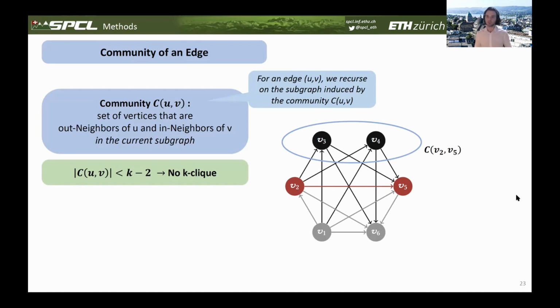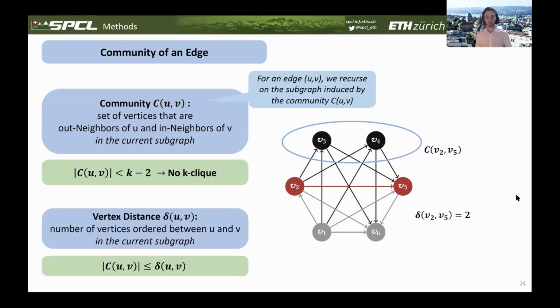However, computing this pruning rule would be too expensive. This is why we consider an upper bound on the size of the community, which is the number of vertices which are ordered between the two endpoints in the order of the vertices that we get from the acyclic orientation. And this is the vertex distance.